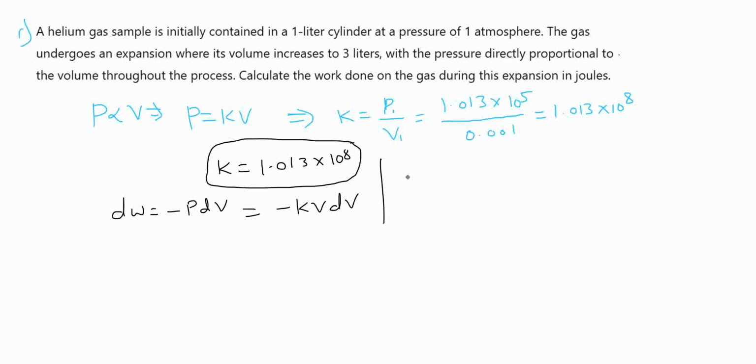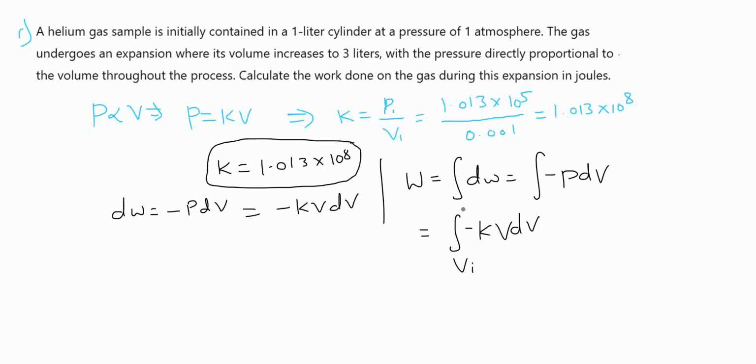So work done will be equal to the integral of dW, which is the integral of minus PdV, which is minus kV dV, from volume initial to volume final.